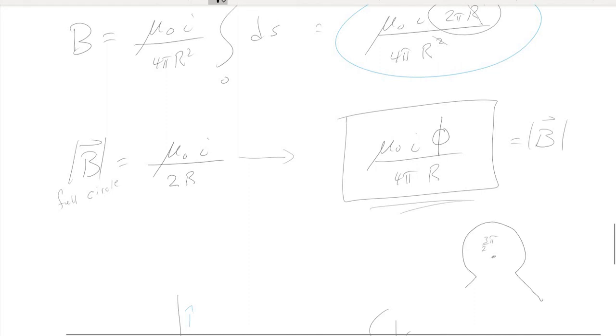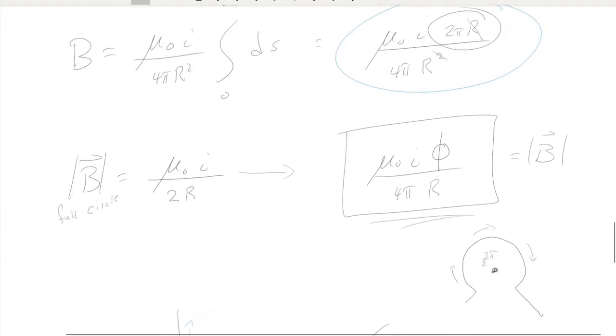So about like that. And then we can figure out what the magnetic field would be for that portion of wire that carries current. So I'm just going to go ahead and say for a circular arc.